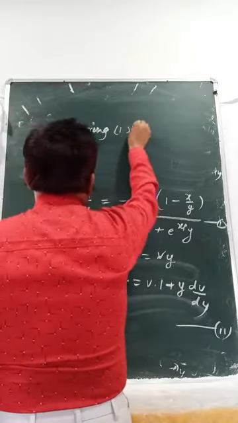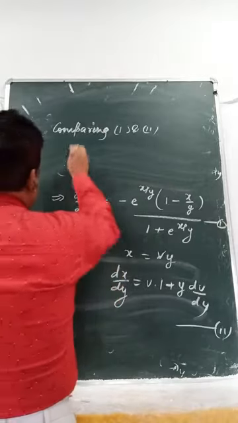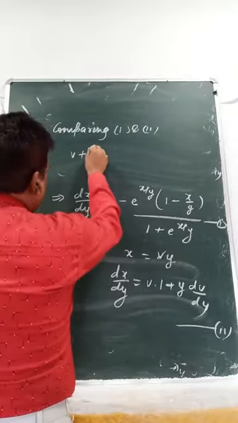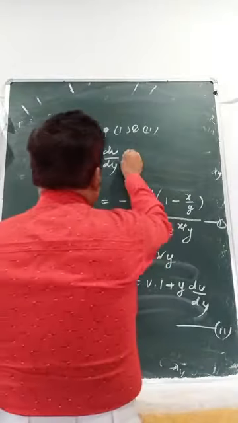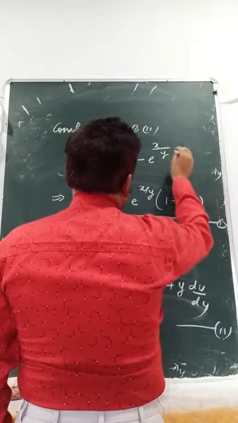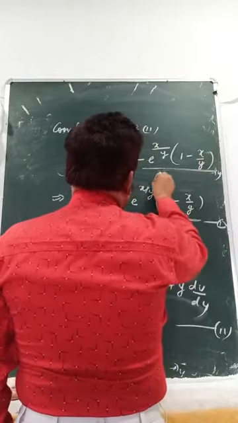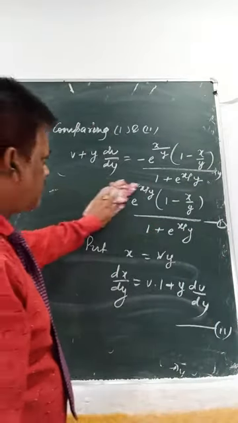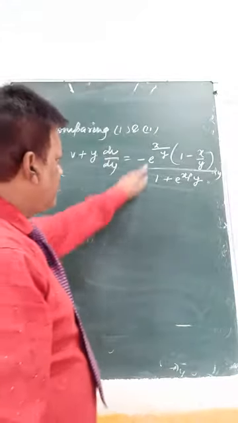So comparing 1 and 2, you will find what? dx by dy, v plus y dv by dy, equals e to the power x by y, 1 minus x by y, by 1 plus e to the power x by y. Comparison. Okay. So x is equal to vy. Put x is equal to vy.